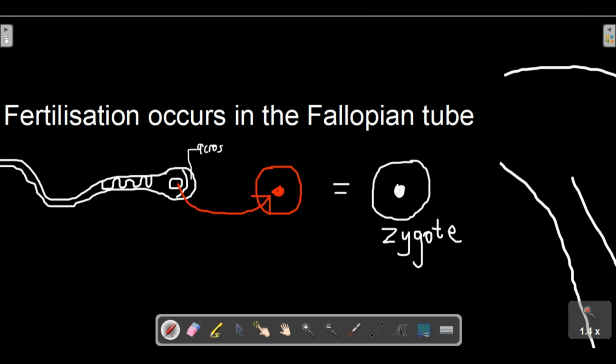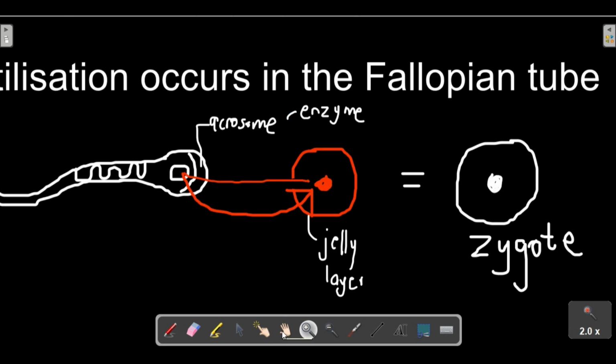The acrosome has enzymes that will digest the jelly layer. The egg cell has a jelly layer on the outside, and that jelly layer is consumed by the enzymes in the acrosome, the front part or head of the sperm cell, so that the nucleus of the sperm cell is able to get inside the egg cell. No other structure gets inside, it's only the nucleus of the sperm cell.